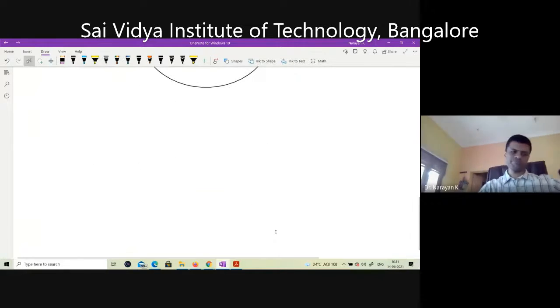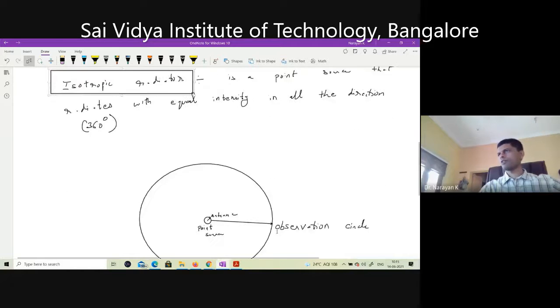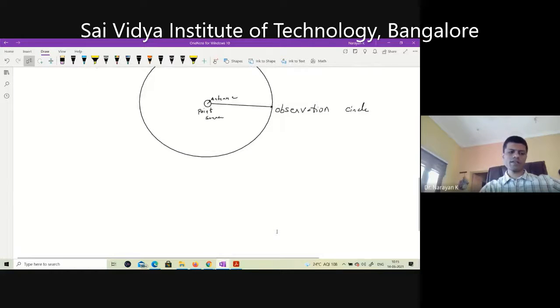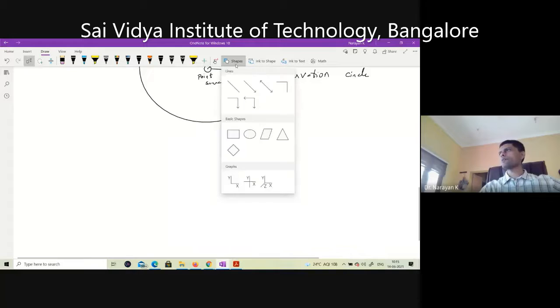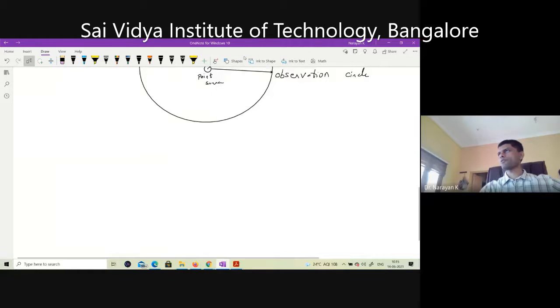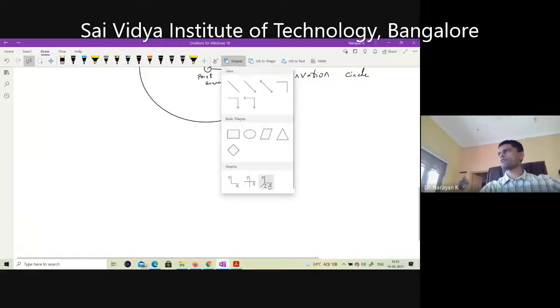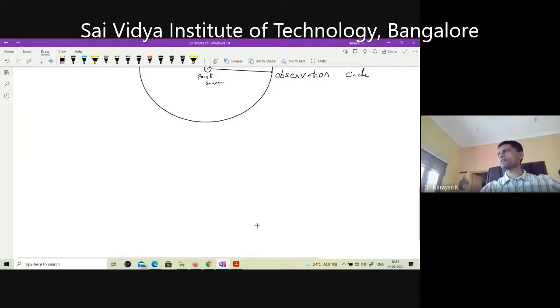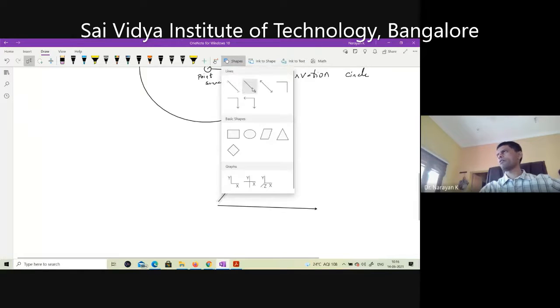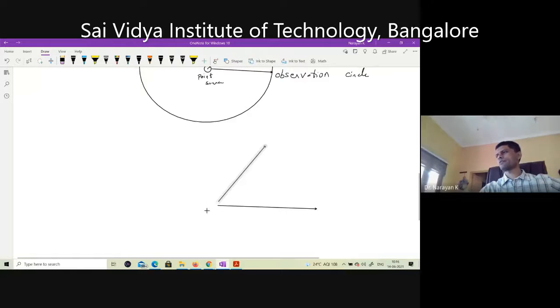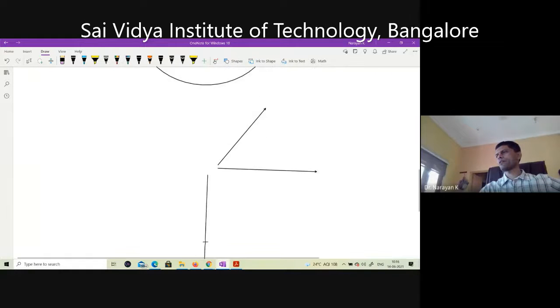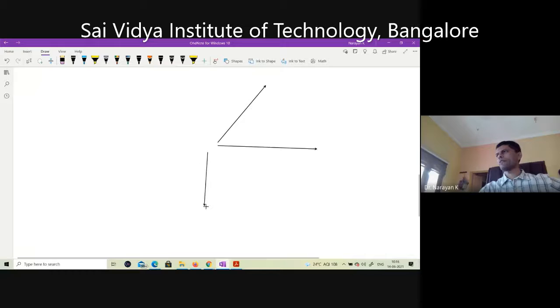So in general, this is your observation circle antenna. Your isotropic radiator, that is your point source definition, will be something like this. It will radiate with equal intensity in all the directions.